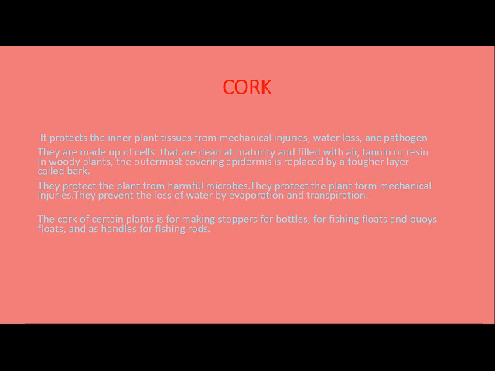This happens due to the presence of another protective tissue, which is called the cork. Cork protects the inner part of the plant tissue and protects the plant against mechanical injuries, water loss, and pathogens. The cork is so hard that pathogens cannot enter the tree.